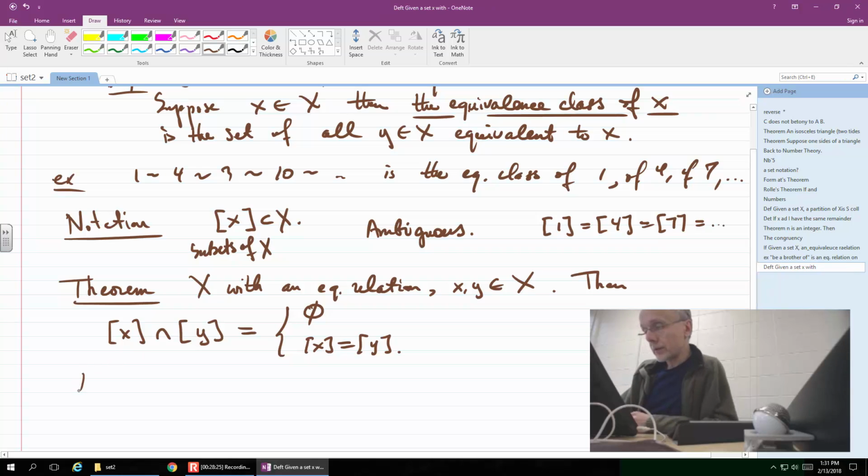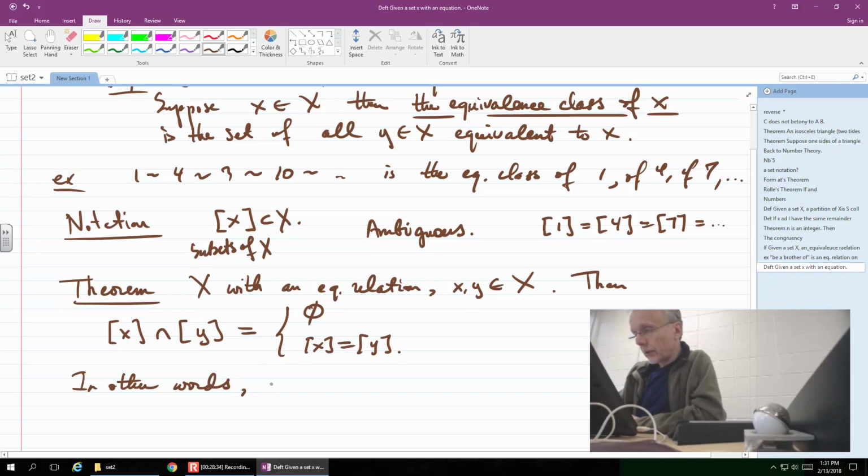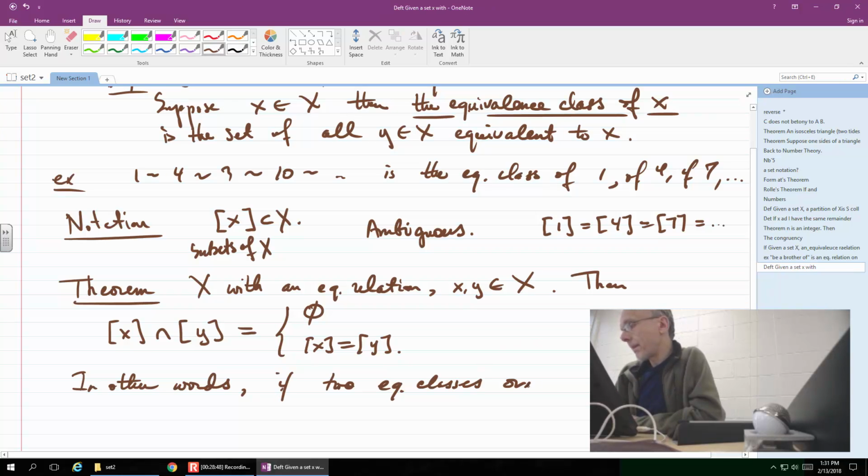So in other words, this is how we can put it: any two equivalence classes, if they overlap, they are equal.